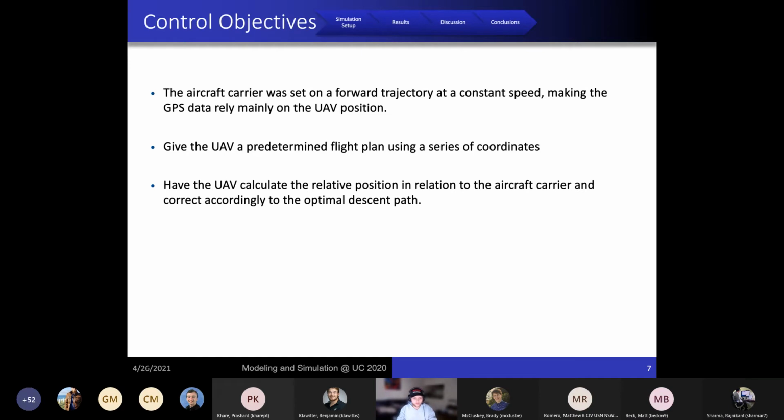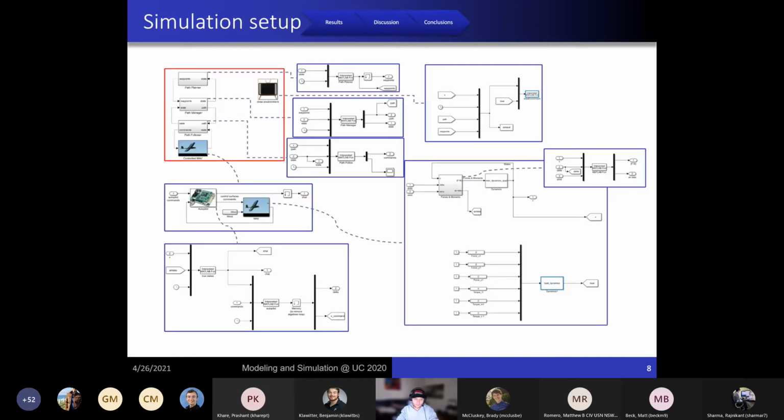We also wanted to give the UAV a predetermined flight plan using a series of coordinates, such as a climb in a spiral, and then a cruise, and then it will finally come back to its descent location. To do that, we would have to calculate relative position again, and then find the optimal descent path.